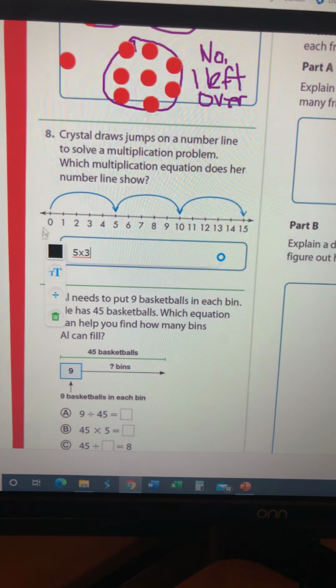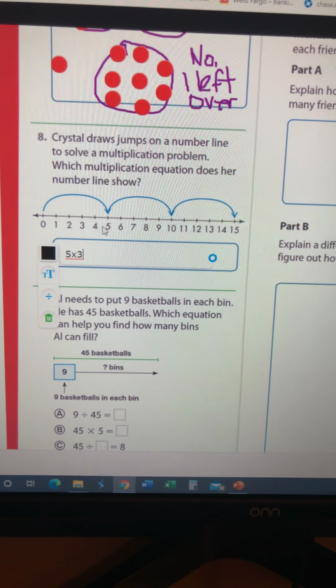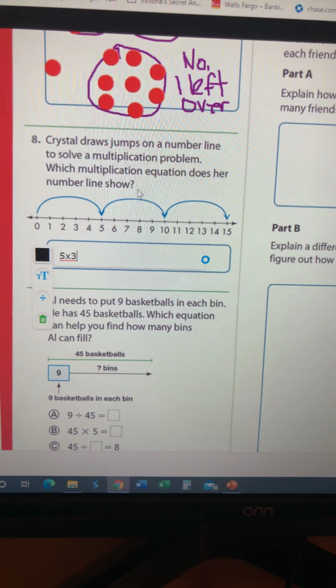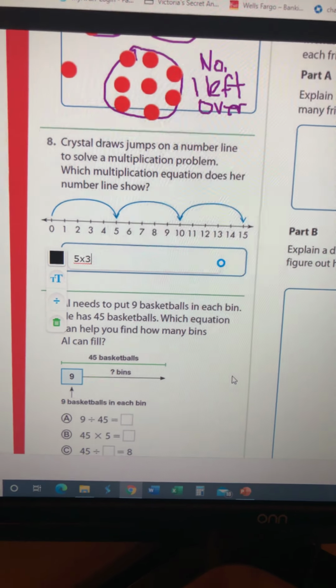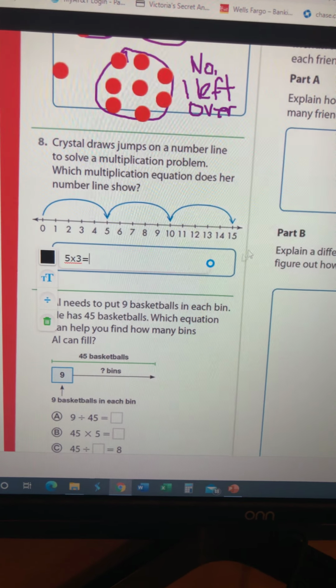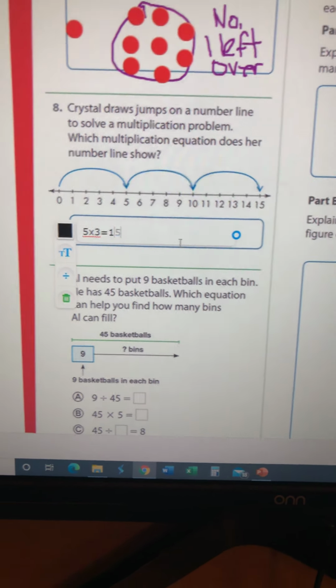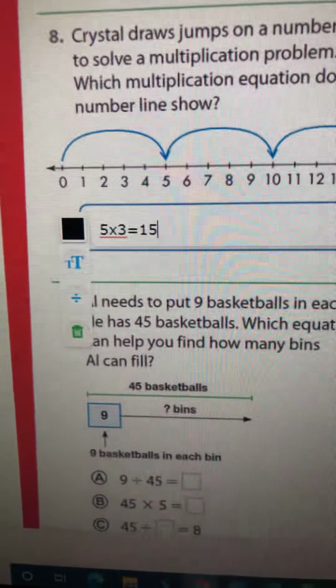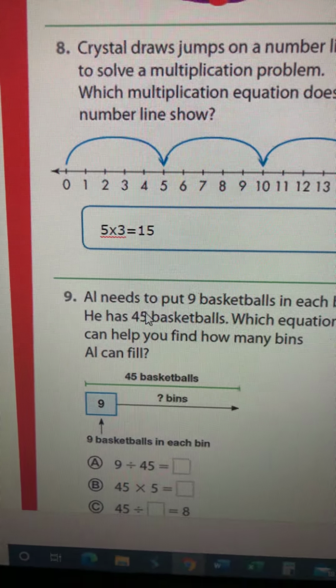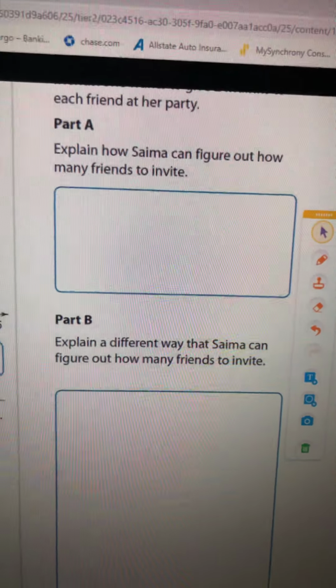This is 5 times 3. So 5 times 3 jumps equals your last number. That's your answer. Whoops, not 16, 15. There you go. All right. Next one.